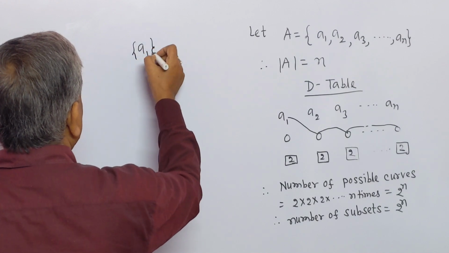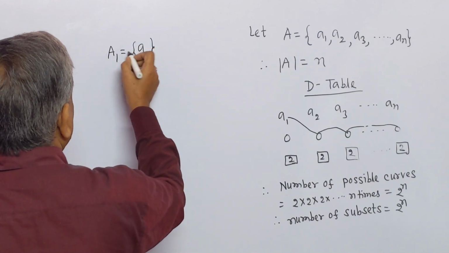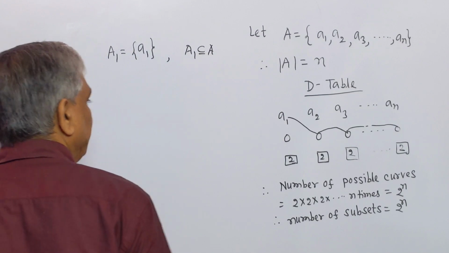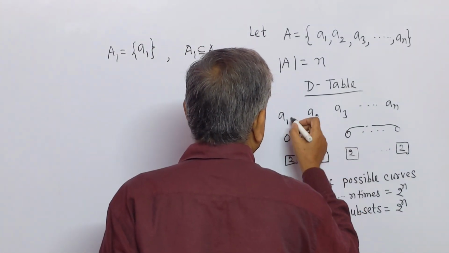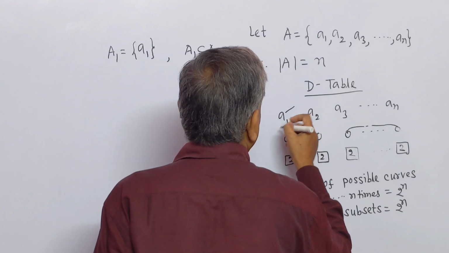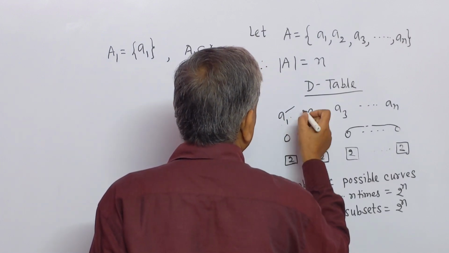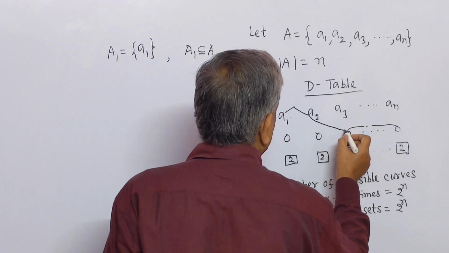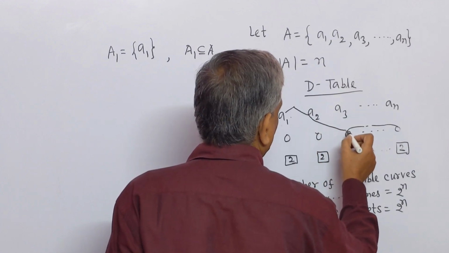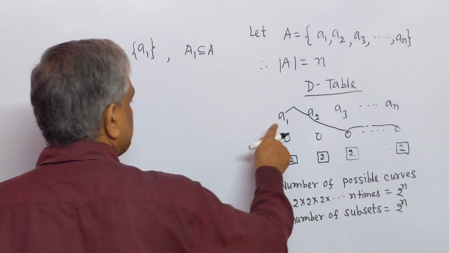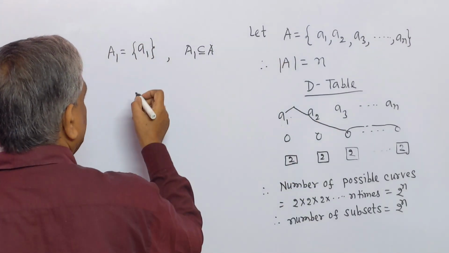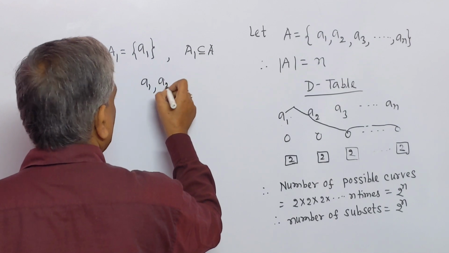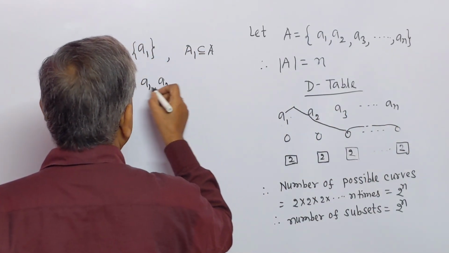This means this is a set. This set is a subset of A. Similarly, if we take one element A1 from the first column, one element A2 from the second column, and 0 from the third column and 0 from other columns, this curve represents a set containing A1 from the first column, A2 from the second column, and no elements from other columns.